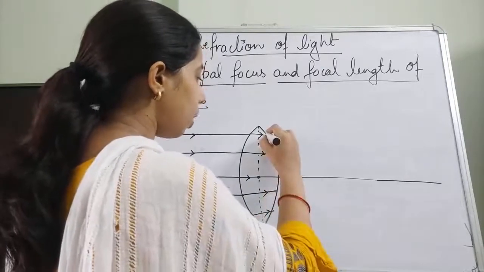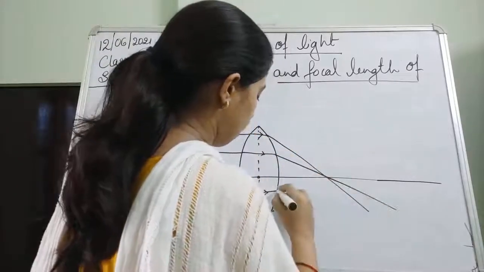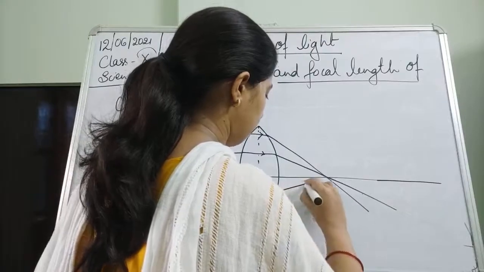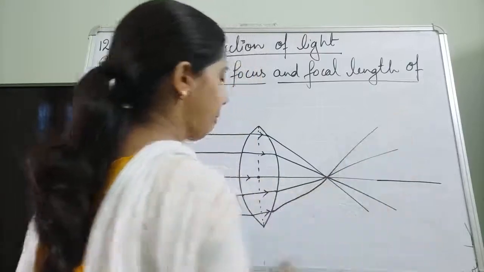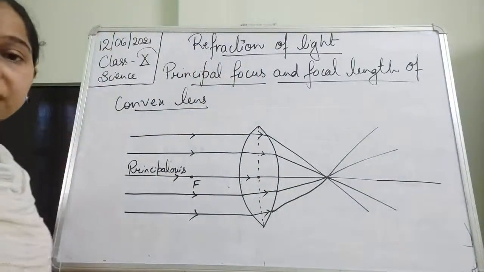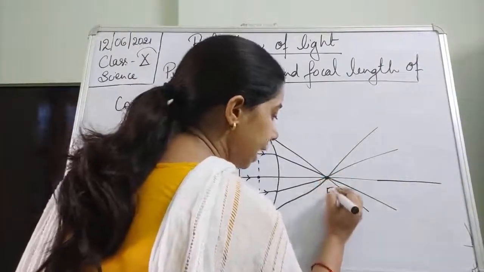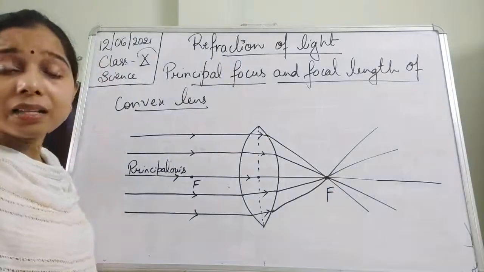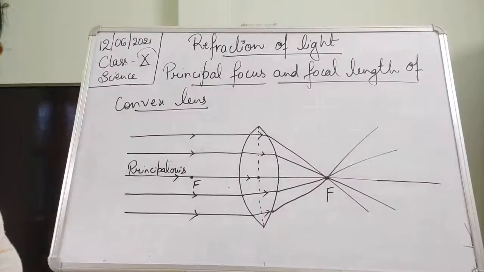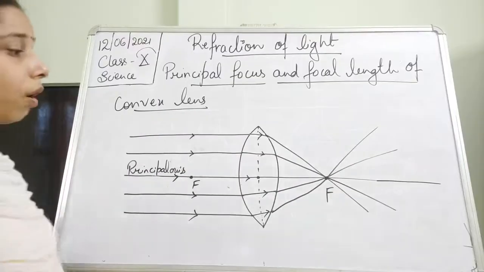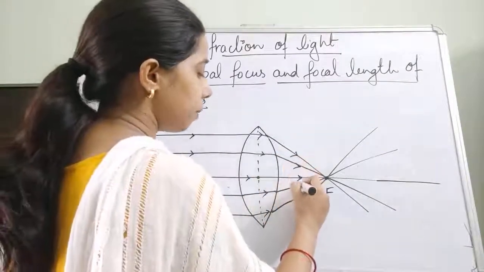And finally, all of them meet at a point, and this point where they meet on the principal axis is called the principal focus.